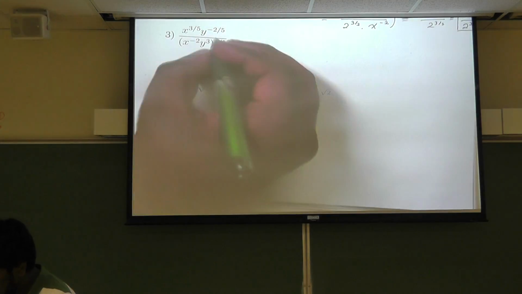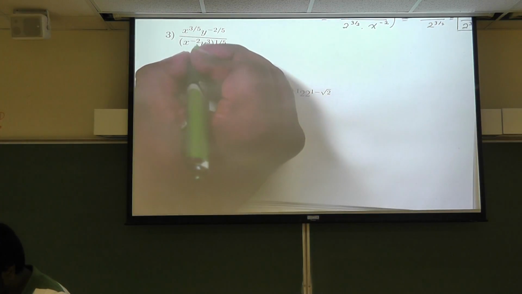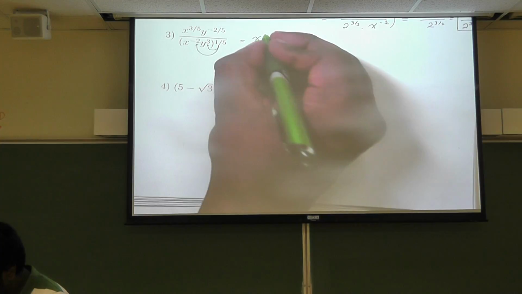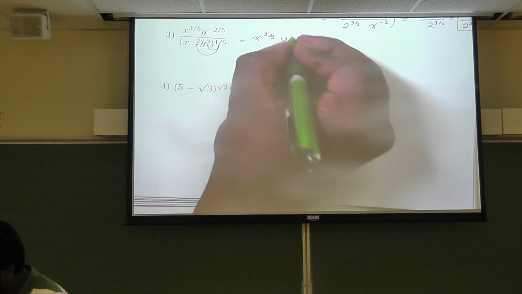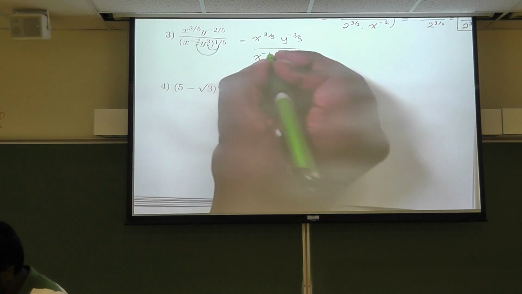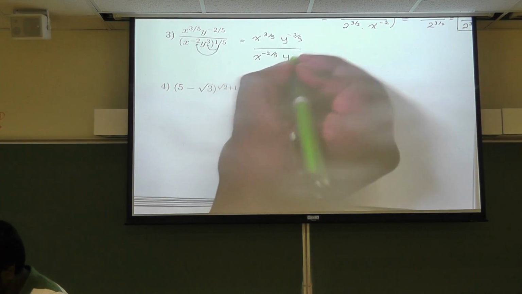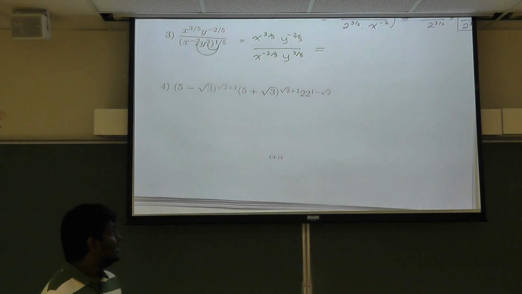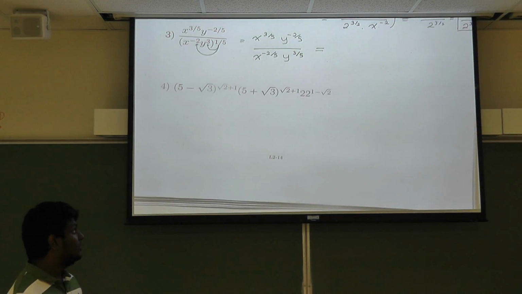So here I would just distribute this 1/5 to these 2 exponents. So I'm going to end up with 3/5 y to the negative 2/5 and x to the negative 2/5 y to the 3/5. So if you can see a negative exponent, move it to the other side.